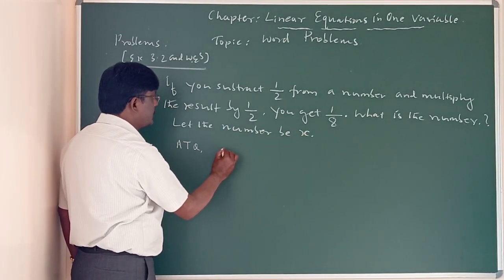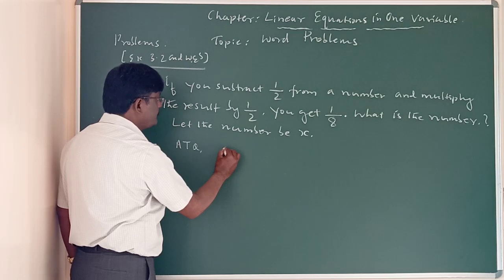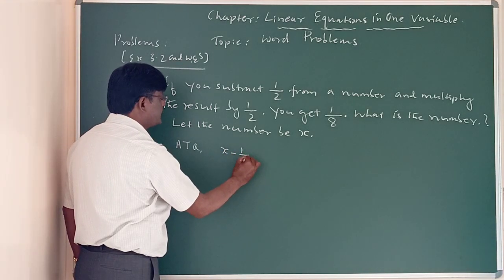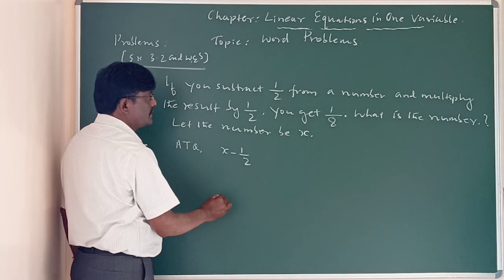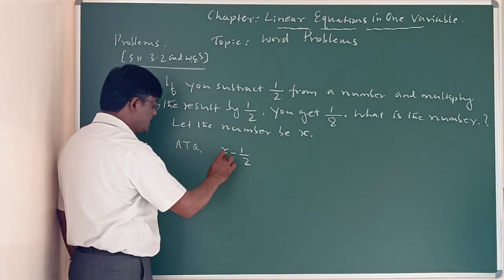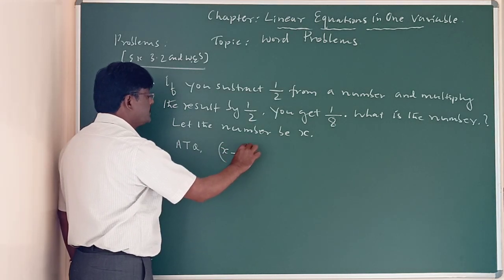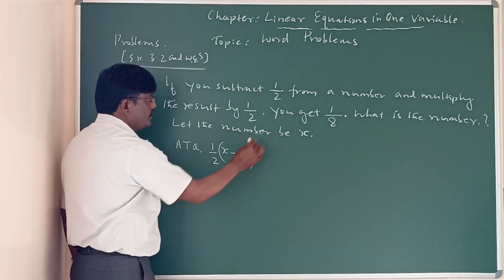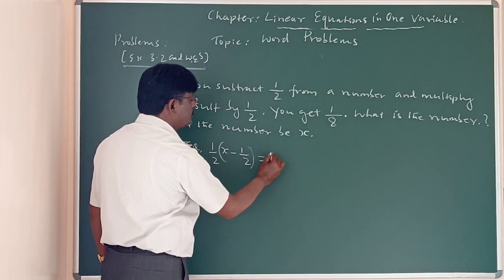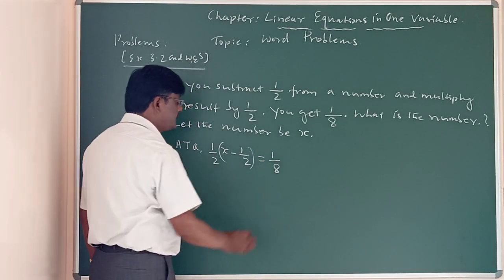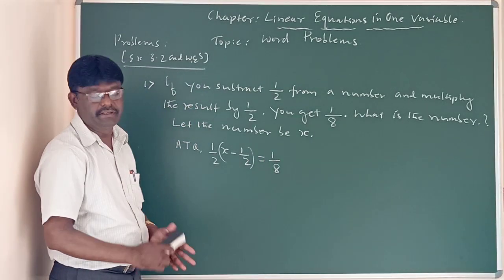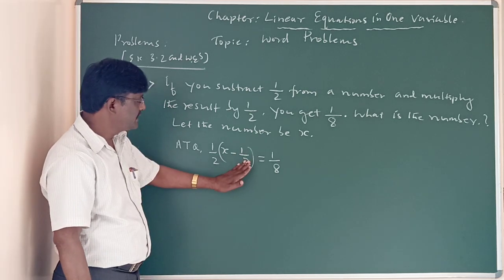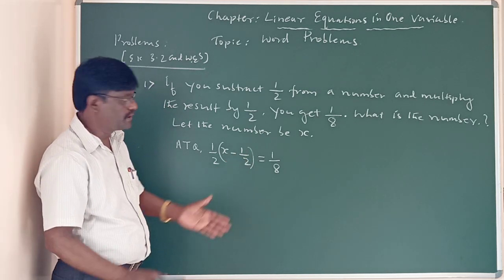Hence, if from the number we subtract 1 by 2 and multiply the result by 1 upon 2, you get 1 by 8. So this is the required equation. Once we get the equation, we know how to solve it.